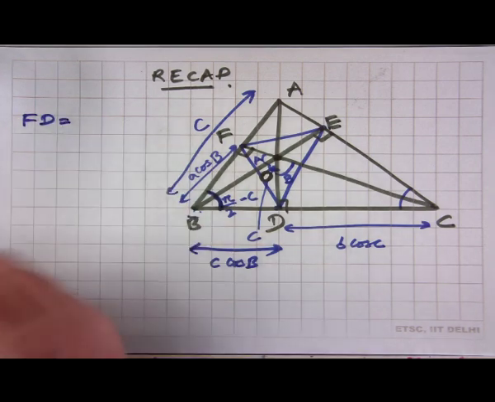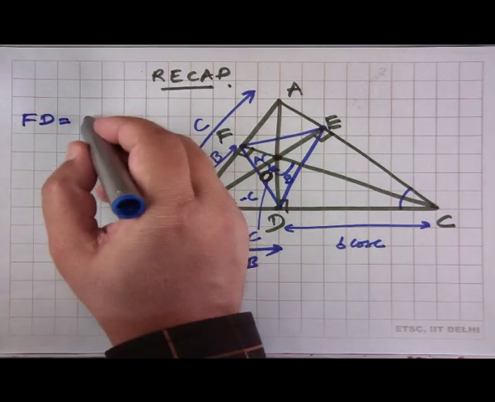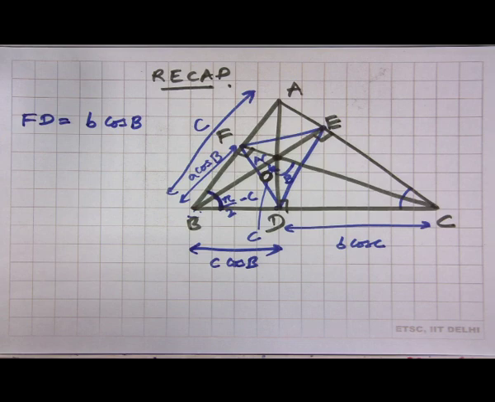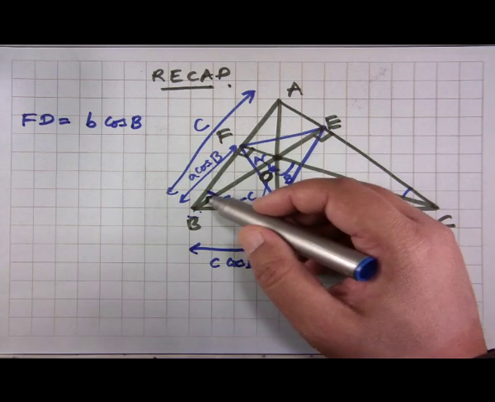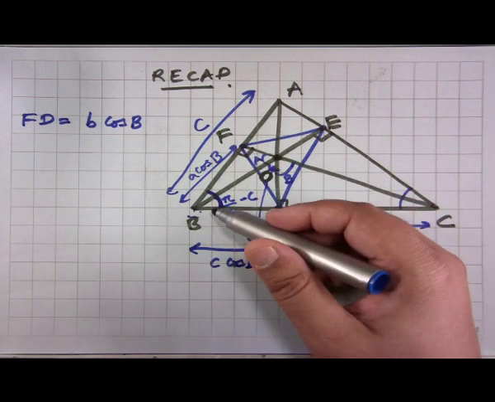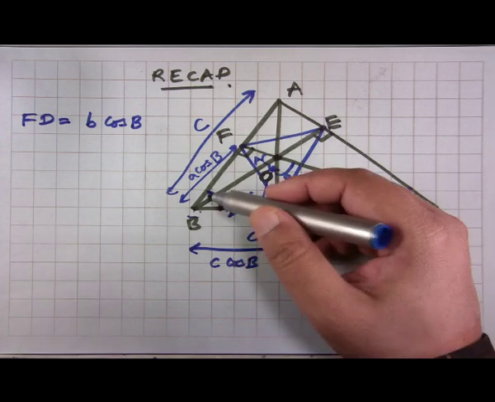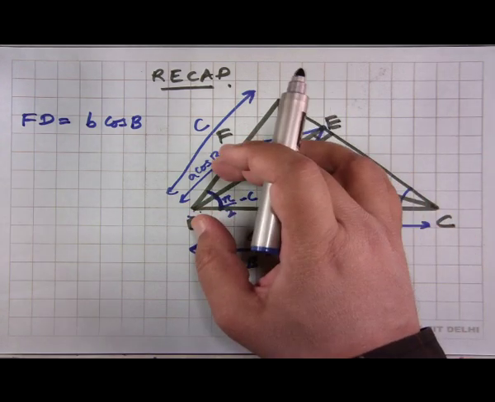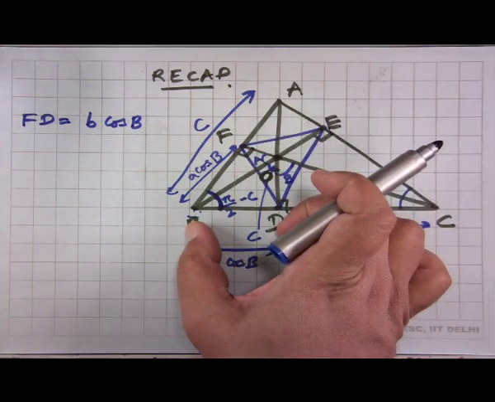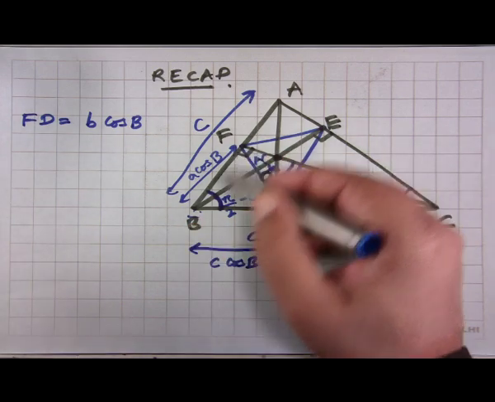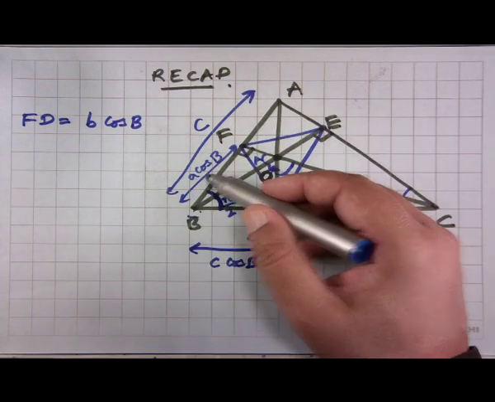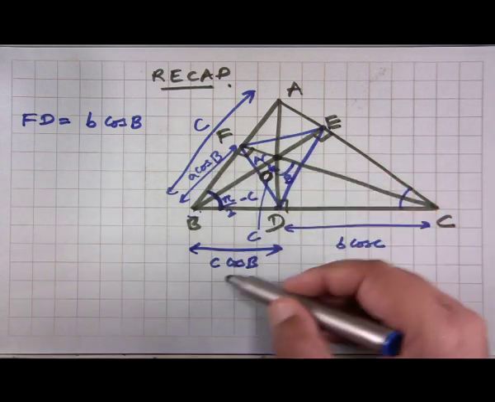FD is equal to b into cos B, and from there, if you look at this triangle BFD, then we see that all the sides, for example, this side is a times cos B, this side is b times cos B, and this side is c times cos B. So essentially, this triangle is similar to the triangle ABC because we are just multiplying all the sides by cos B everywhere.